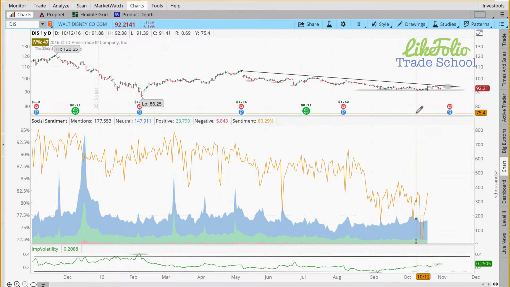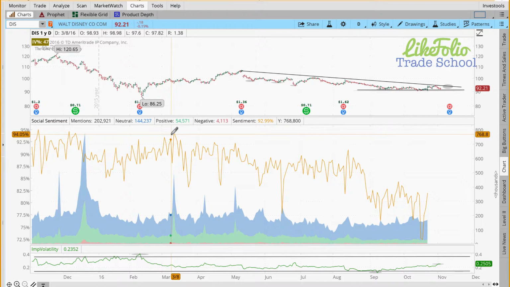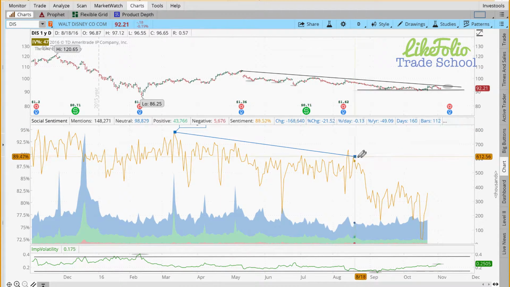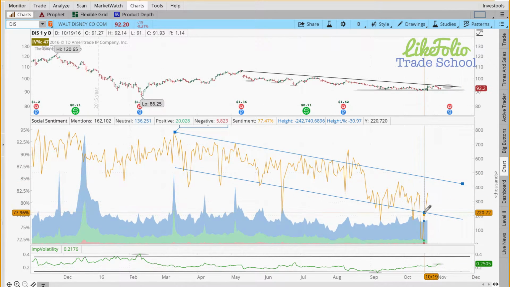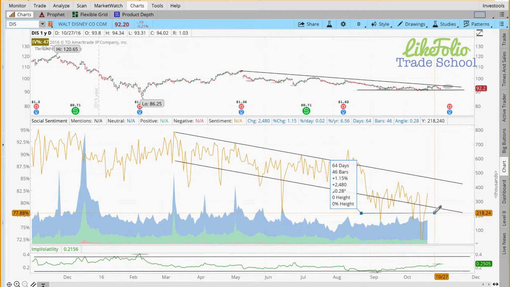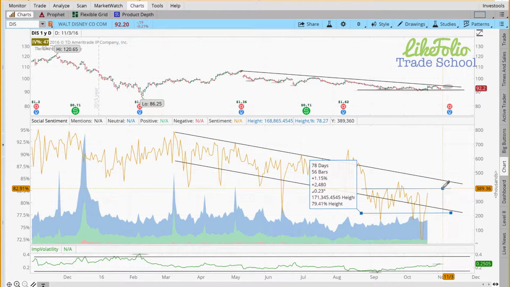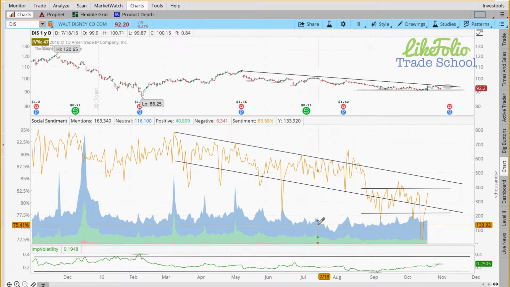Another interesting thing I see here is, if I pull up my channel tool and smooth out, we're in the social sentiment area now. We're looking at sentiment. You can see the sentiment itself was definitely downtrending for quite a bit. But recently, that downtrend has fallen off and we've stabilized in the sentiment realm of things.